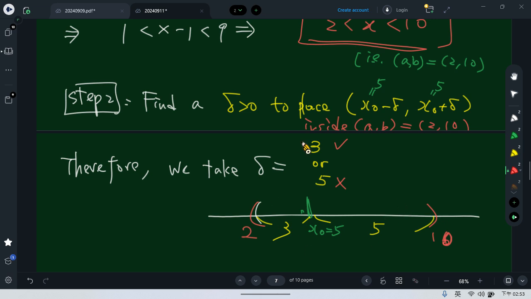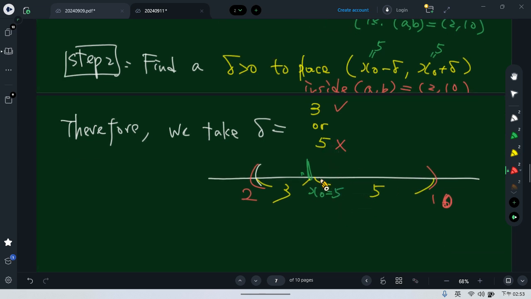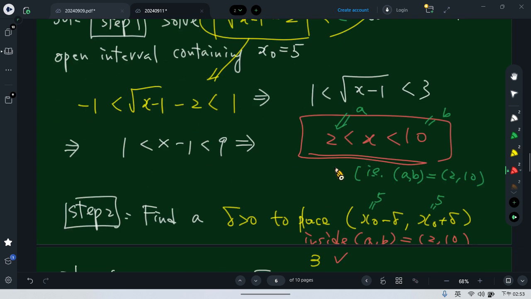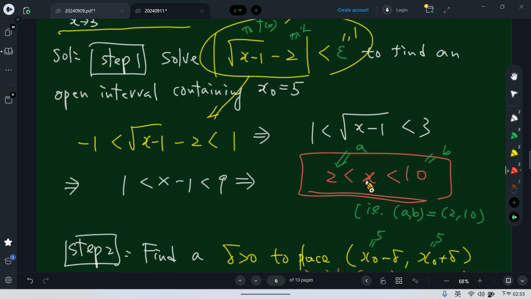Why? Because if 3, you can see for this end, no problem. For the right end, it's also no problem, right? If 3. But if 5, this end is no problem, but for this side, big problem. Because except for this part, that possibly cannot make this inequality satisfied, because the original one should be 2 to 10.